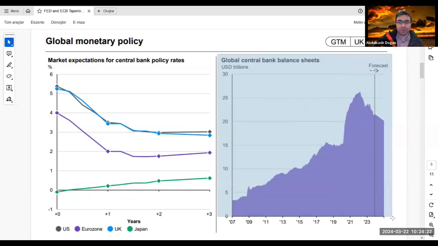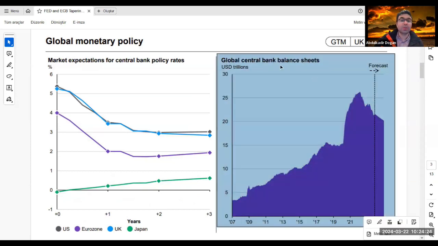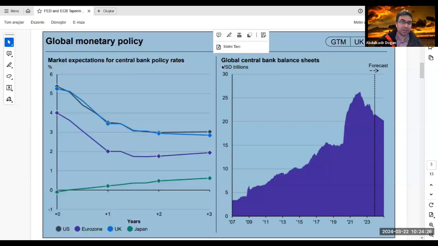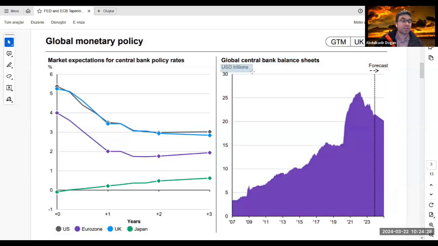And here what we have is the global central bank balance sheet, in United States dollars in trillions. Please look at this. Here, a small sharp increase from 4 trillion to 6 trillion dollars, just a 2 trillion central bank balance sheet expansion in the global financial crisis of 2008. But what happened here?